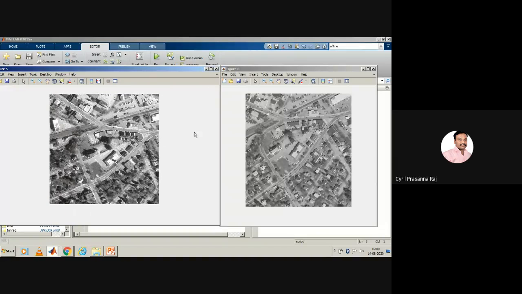The first difference is that the road starts from the top of the image here, but the road you see here is actually from this point. That means there's a shift in the image because the angle is shifted. You may be traveling in a micro air vehicle, so depending on the angle in which you travel, the images are captured accordingly.